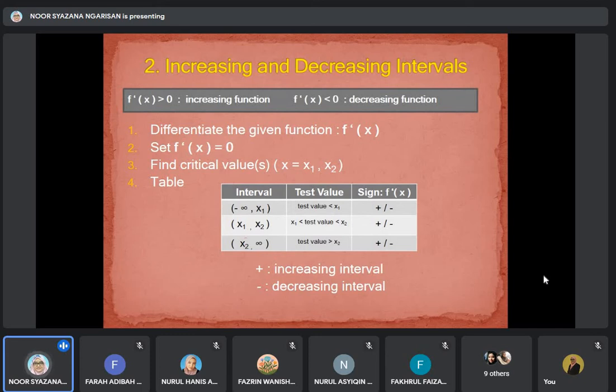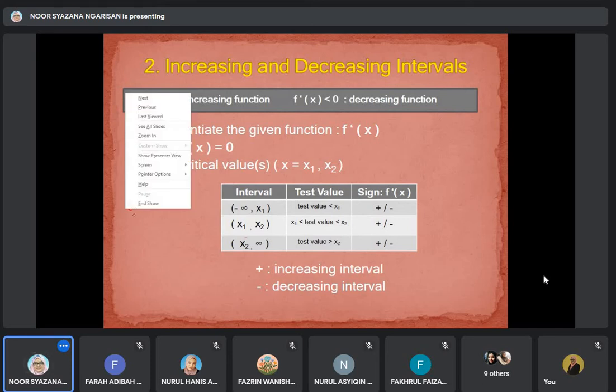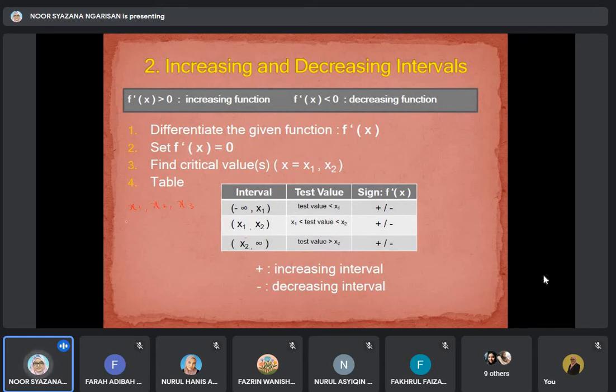Okay, let's say we have 3 critical values. Katakanlah kita ada 3 critical value. x1, x2, and x3. So our interval always starts from negative infinity, so from negative infinity until x1. Second interval, x1 until x2.